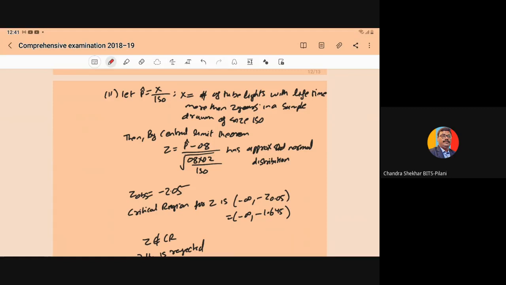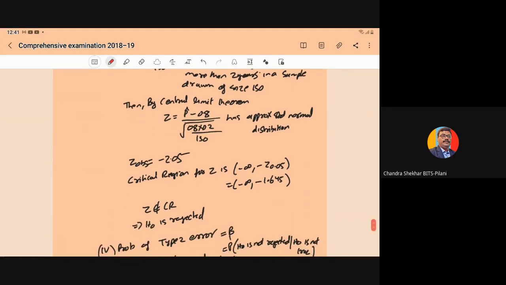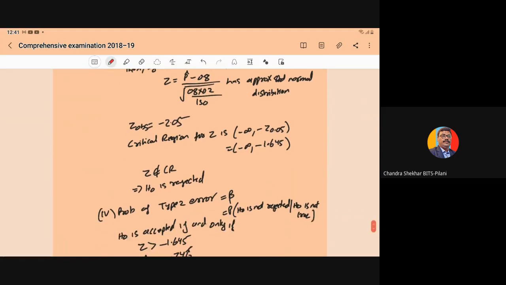So here z observation will come minus 2.05, and the critical region for z will be minus infinity to minus z of 0.05. So when we see the table value, it will give you minus infinity to minus 1.645, and the observed value is inside this region. So here z belongs to the critical region. So here H naught will be rejected.